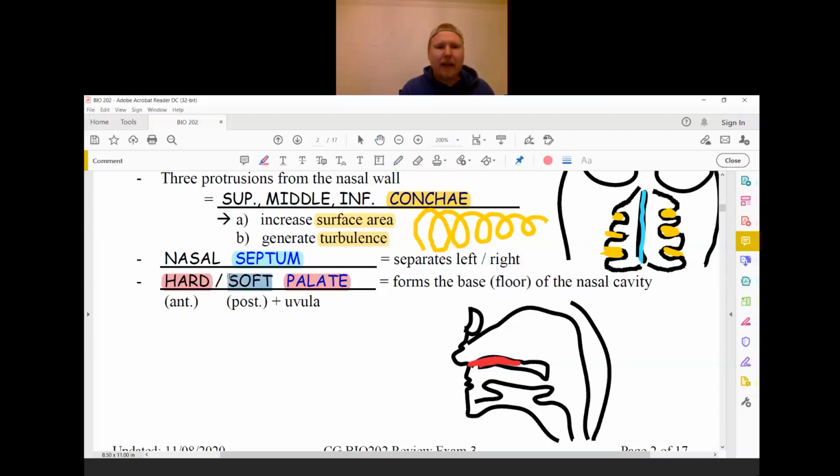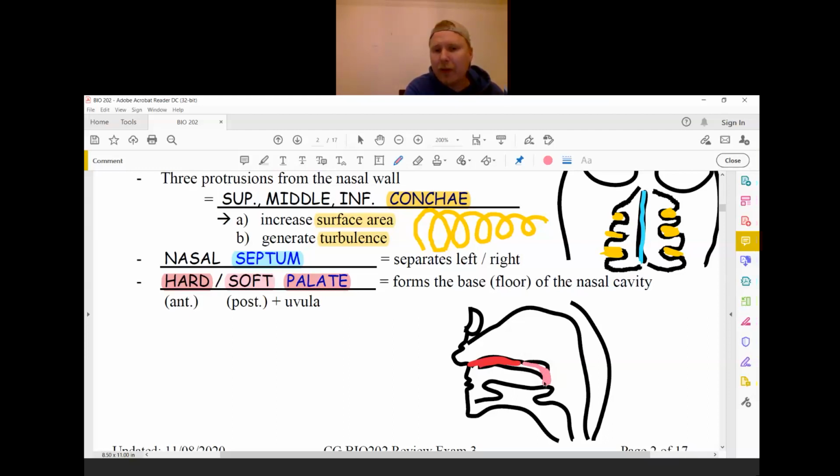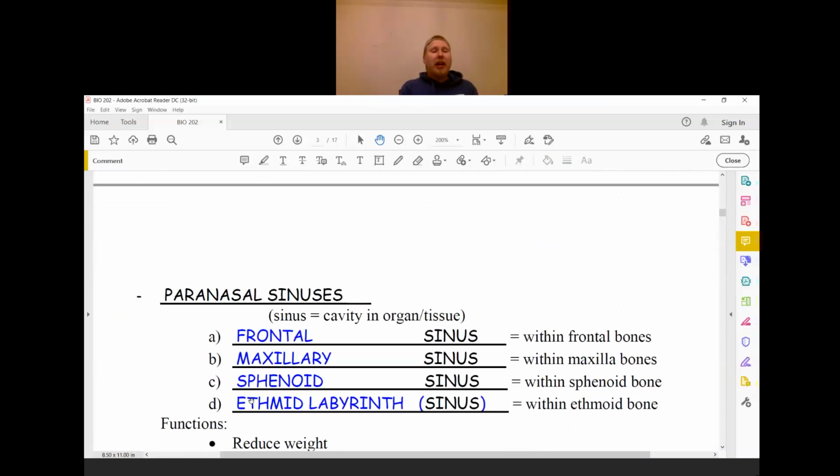The soft palate term comes from the fact that there we do not have a bony structure inside. It's just soft tissue, and all the way at the back, at the most posterior part, we of course have our uvula, the hanging protrusion at the very back that you can even see from the mouth. So that's our nasal cavity briefly described.